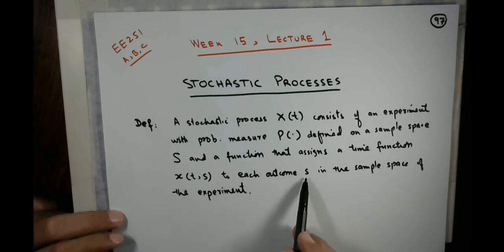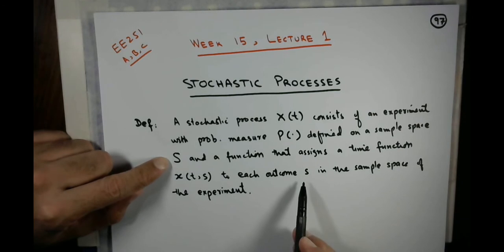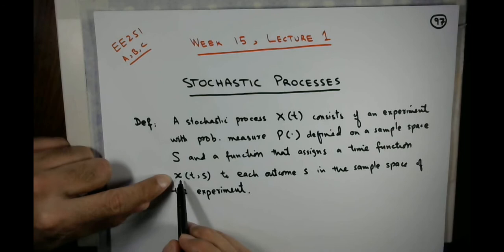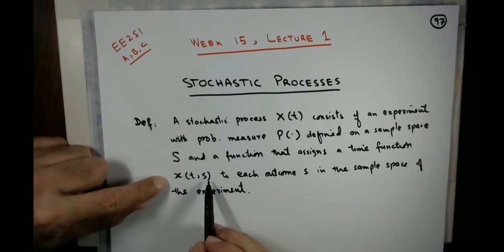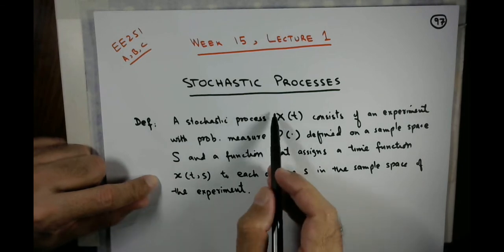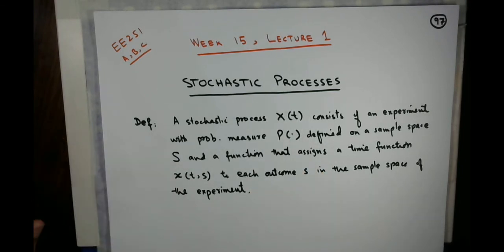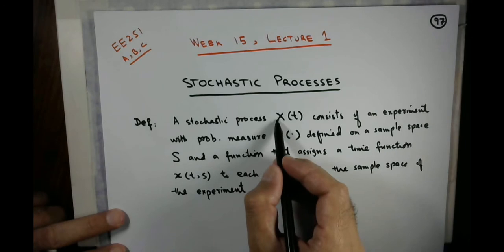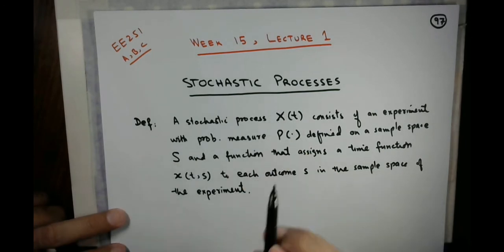This is one of the outcomes in this particular sample space of the experiment. So small x of t comma s means a time function, which is one function out of the many possible functions in the process x of t. So this capital X indicates now the stochastic process.